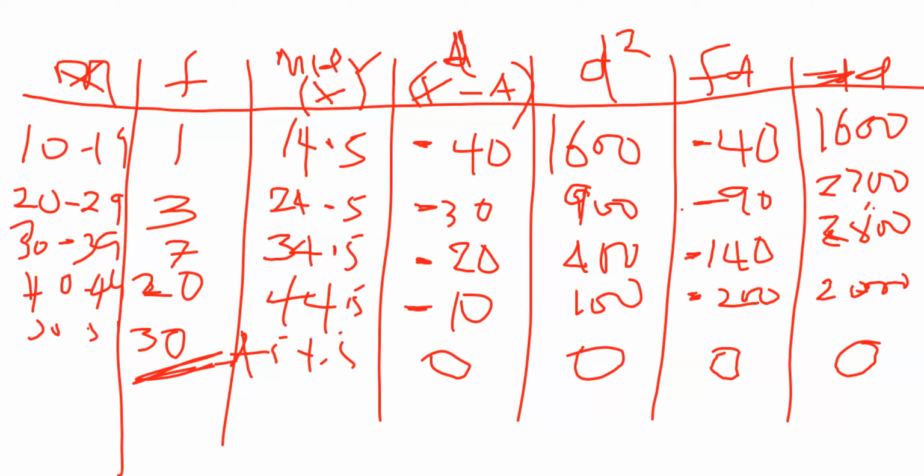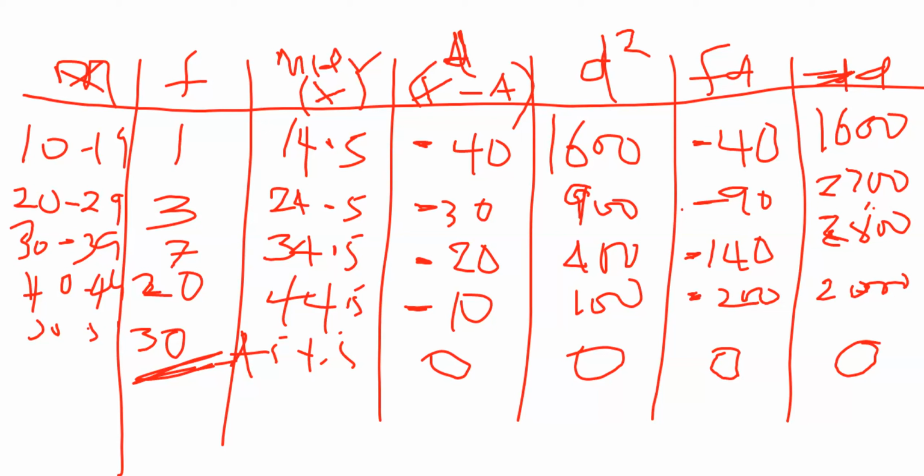And the FD column, the total is 180. 180 for the FD column. The last column, which is FD square, should give us 23,000.